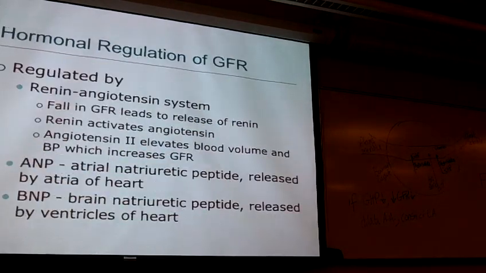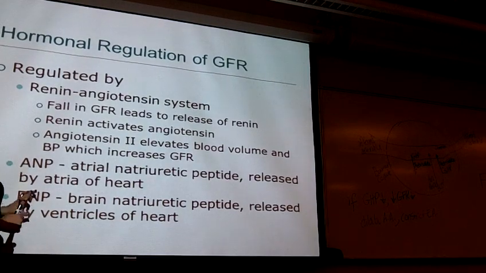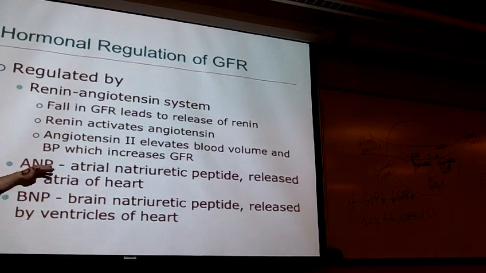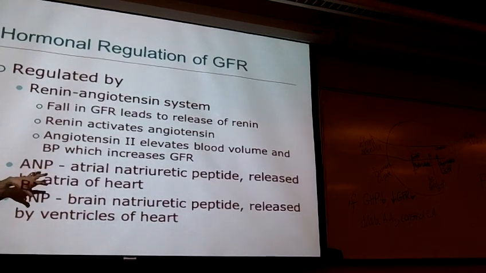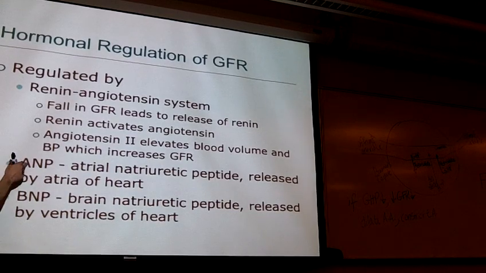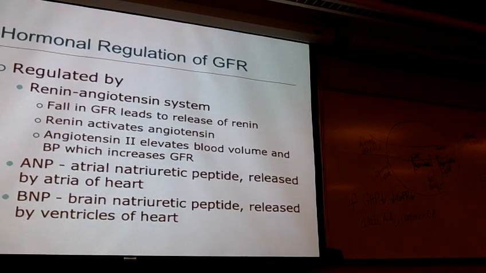Okay, now on this slide there are two other hormones, ANP and BNP. Atrial natriuretic peptide is released from the atria of the heart, and BNP, brain natriuretic peptide, is actually released from the ventricles of the heart. These two hormones are going to oppose aldosterone, what we just talked about.